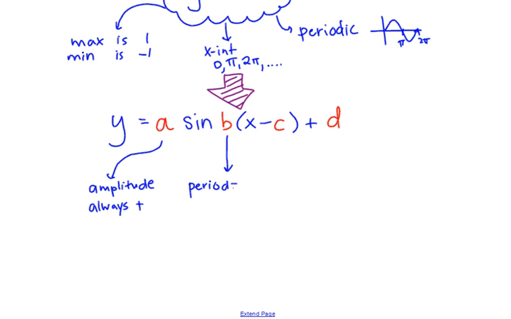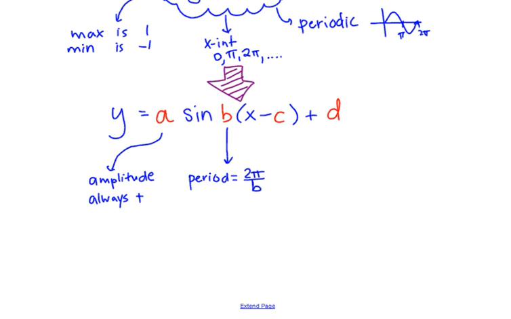Or if it's in degrees, period is equal to 360 divided by b, depending if we're dealing with radians or degrees. So by definition, b is the number of rotations in 2 pi.